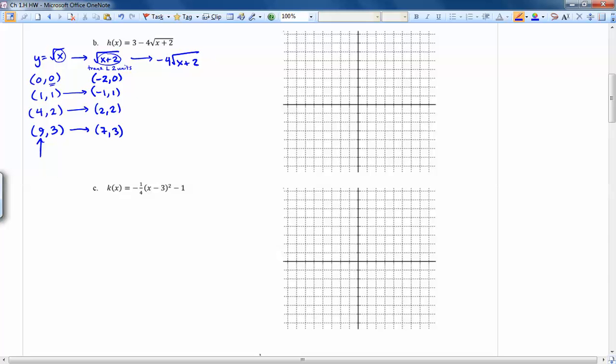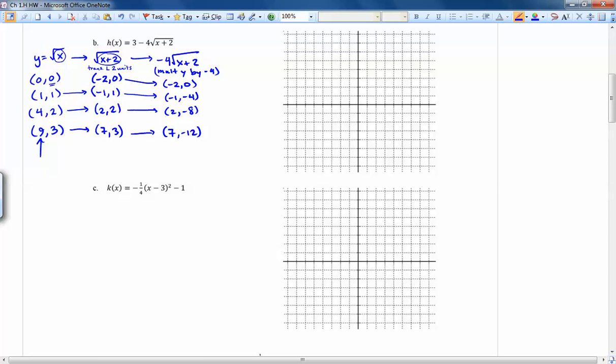So that all amounts to basically multiplying my y values by negative 4. So this one is going to turn into (-2, 0), since that's still 0. This one is going to turn into (-1, -4), because I'm multiplying the y's by 4. This will turn into (2, -8), and this will turn into (7, -12).